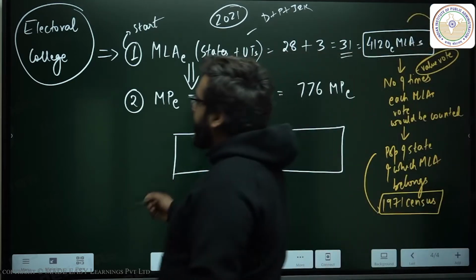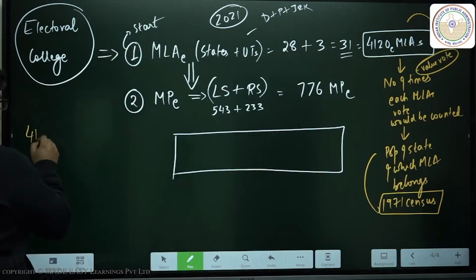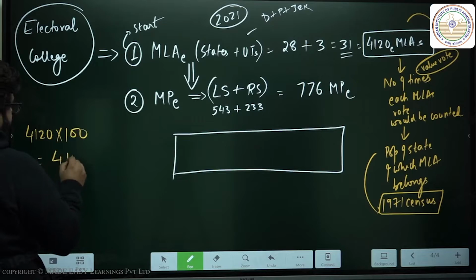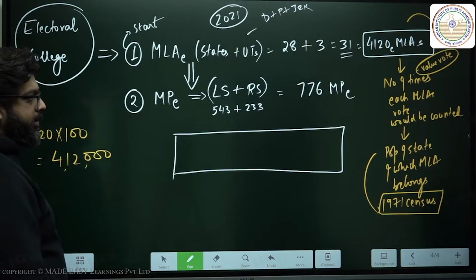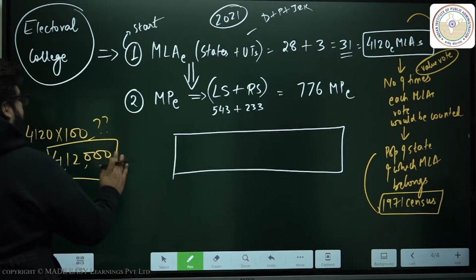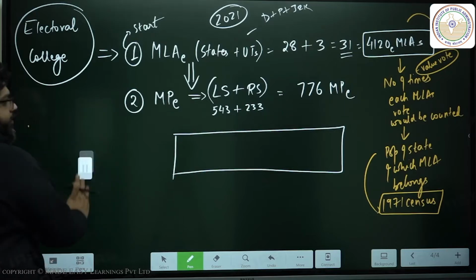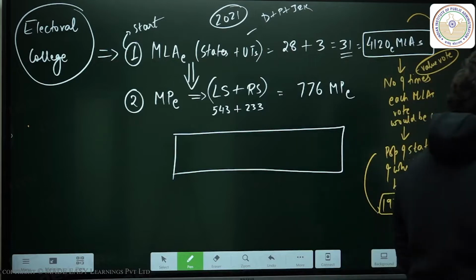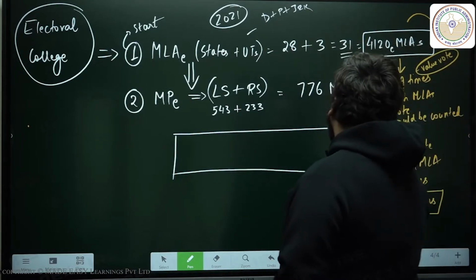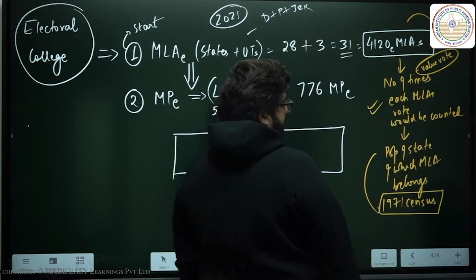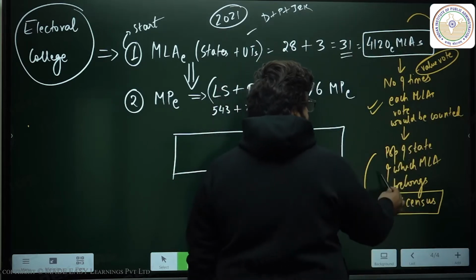So then we will be able to calculate the total value votes. If, let us say, 4,120 votes have to be counted 100 times, then it becomes 4,12,000. So how are we going to get to this number? The number of times the votes given by 4,120 MLAs are going to be counted is nothing but the number of times each MLA's vote is counted, which depends on the population.